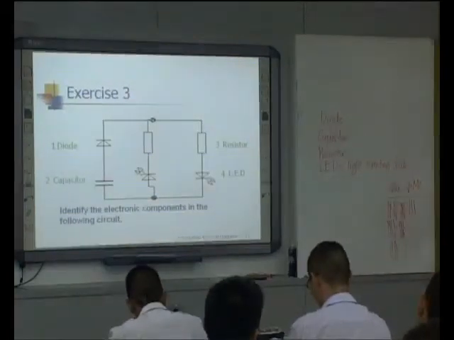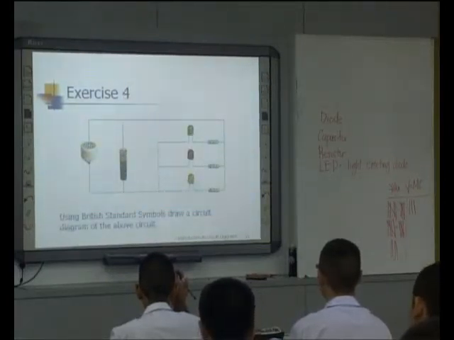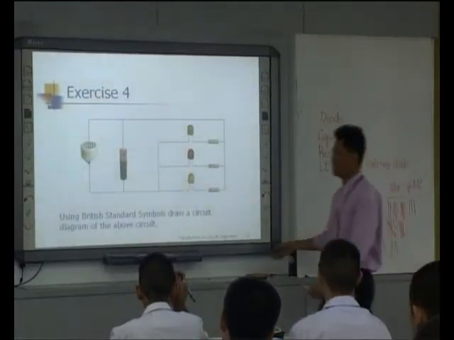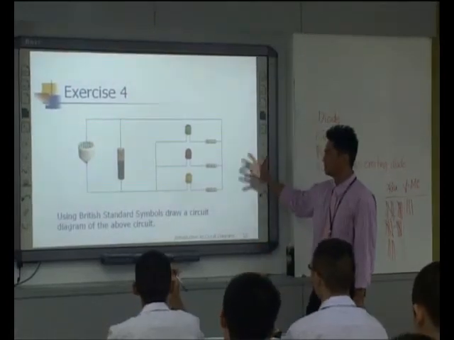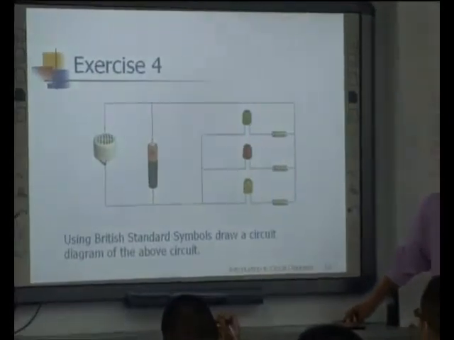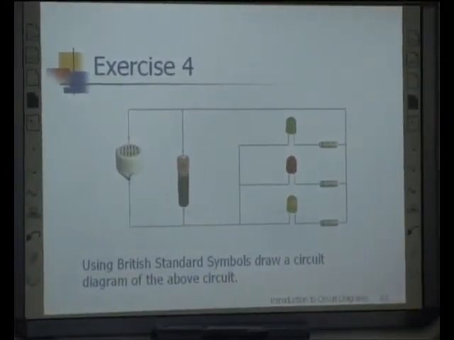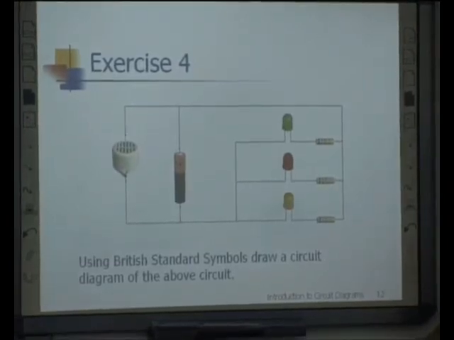Alright, this one. Let's make it a little bit complicated. Who wants to do it on the board for 5 marks? For 5. 10 marks. Who wants from the class? Volunteer?